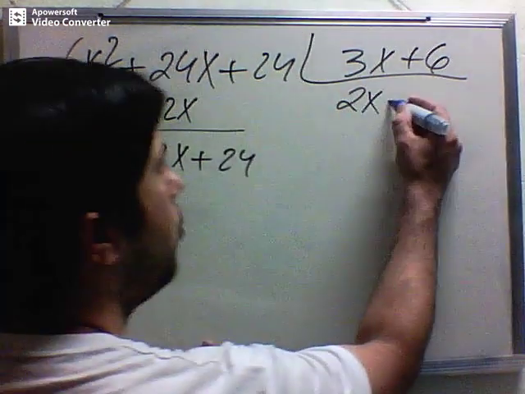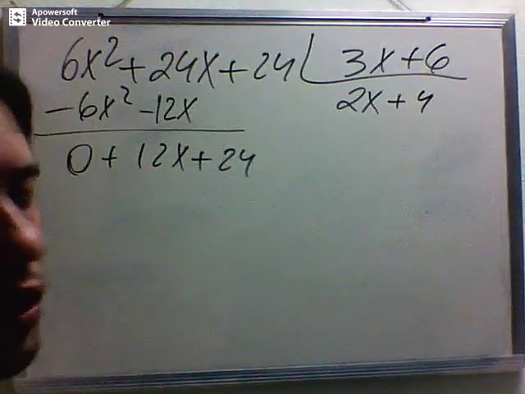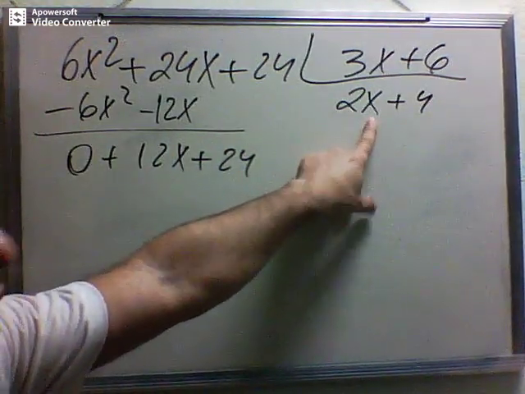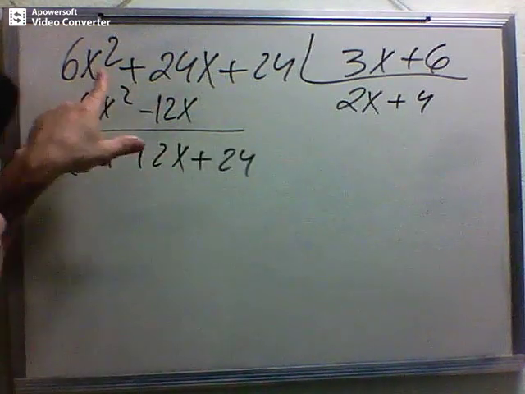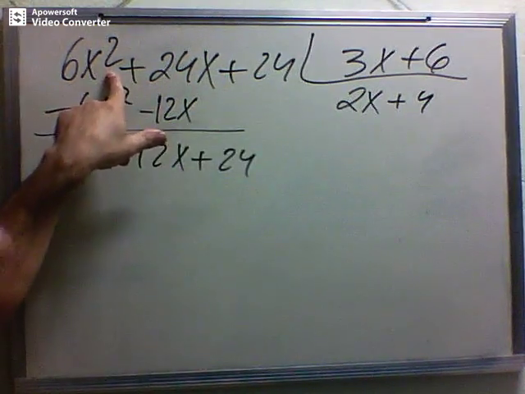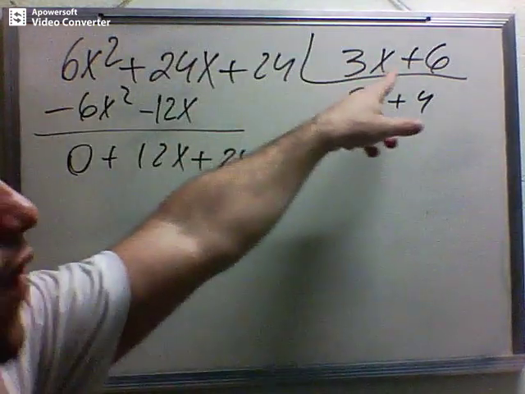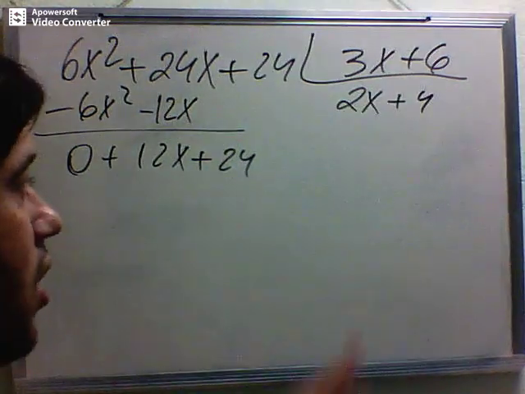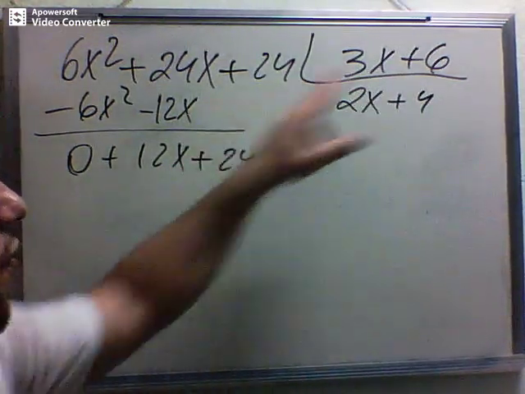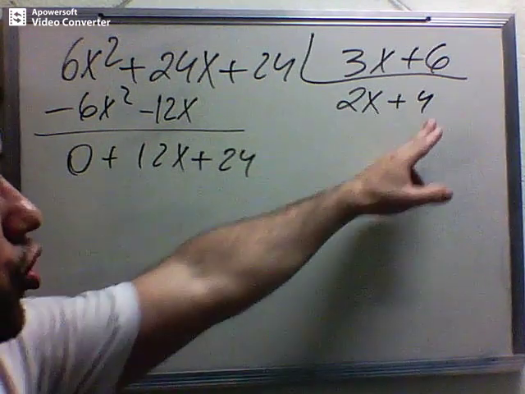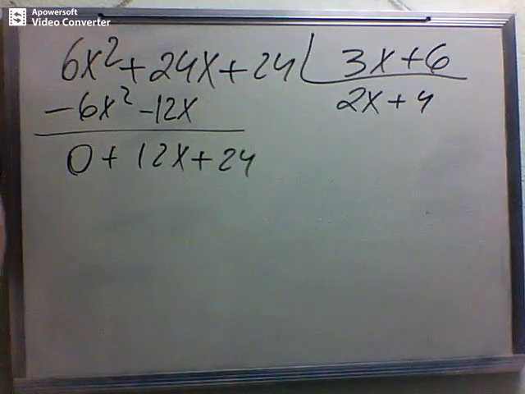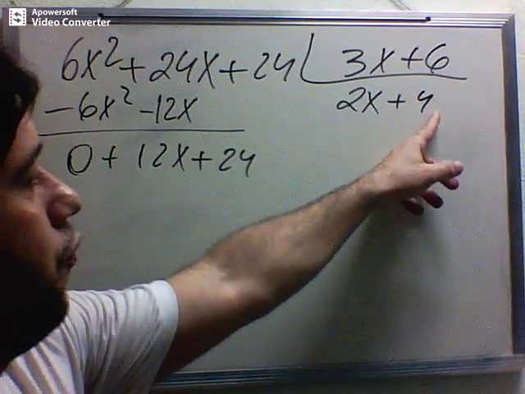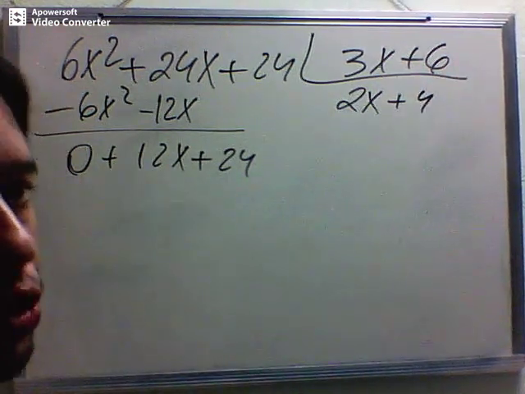So I'm going to only use 4 without x as I used here. I only used x here because there was x squared here, and x squared divided by x is x. So here x divided by x is 1, and I don't put x here. Do you understand why? So 4 times 6 is 24.